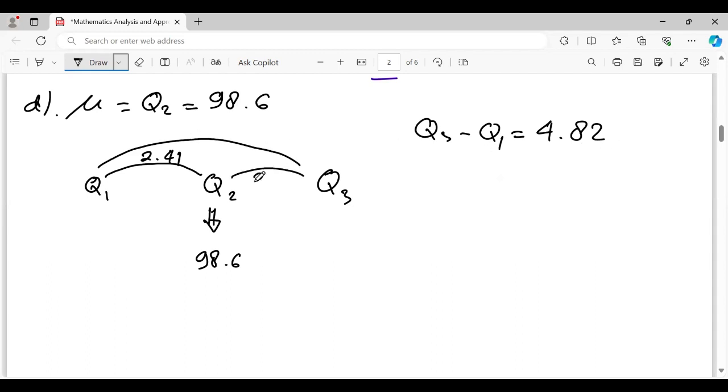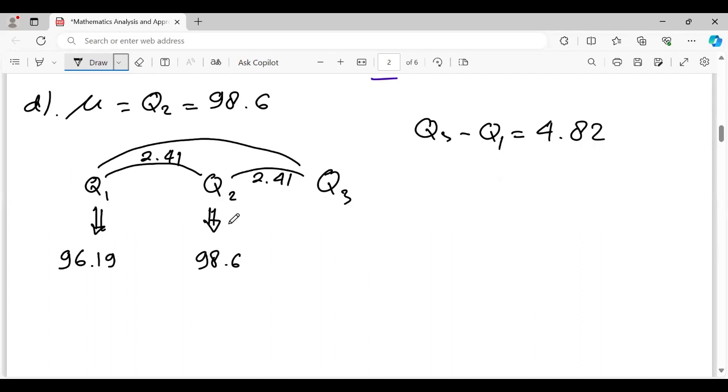As well, this is 2.41. So Q1 means 98.6 minus 2.41, which is 96.19.